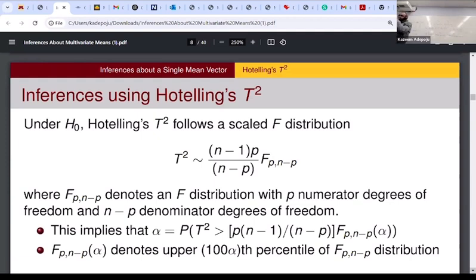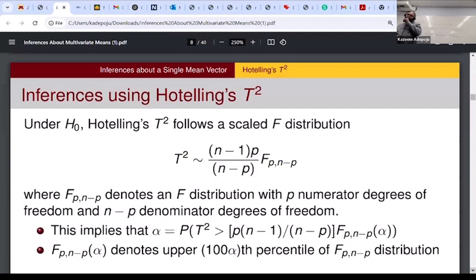We know what our T-squared is, but in statistical analysis, if I want to conduct hypothesis testing, then I need to be able to understand the distribution of the test statistic. I'm going to say that again. When you are conducting a t-test, the distribution is the t-distribution. When you are conducting an F-test, the distribution used is the F-distribution.